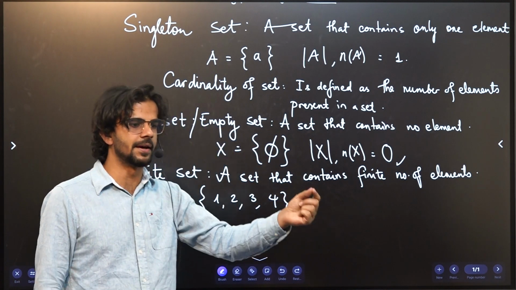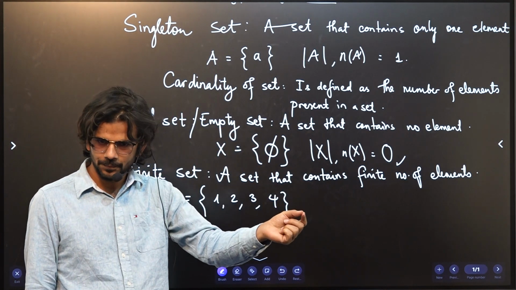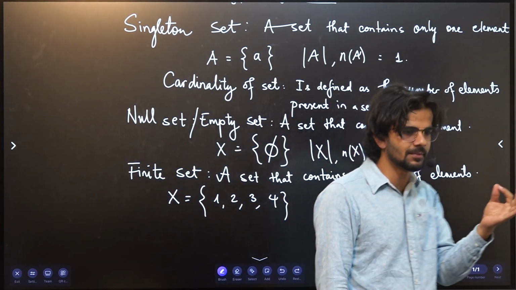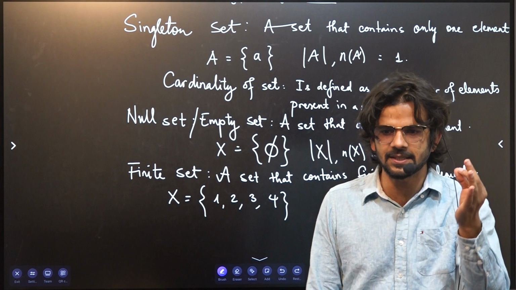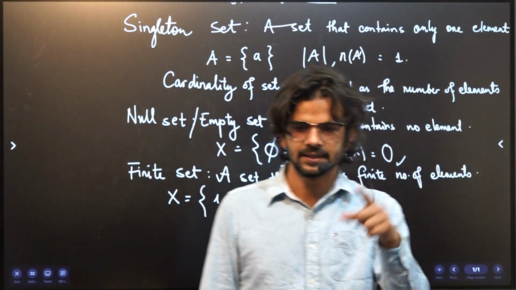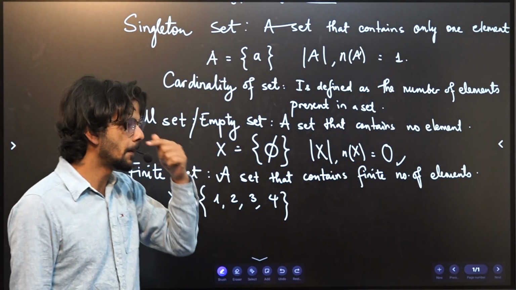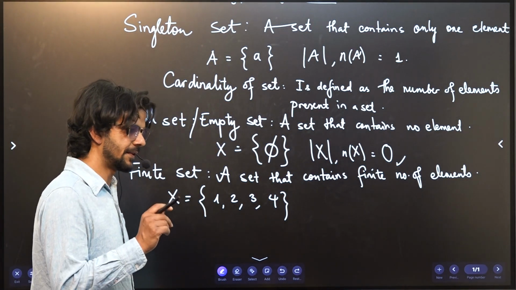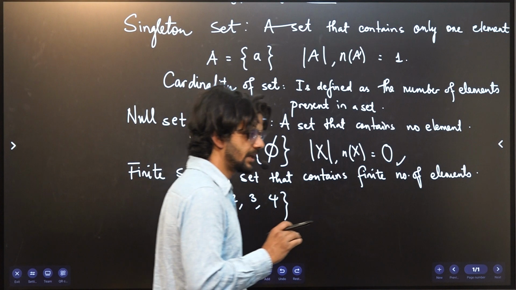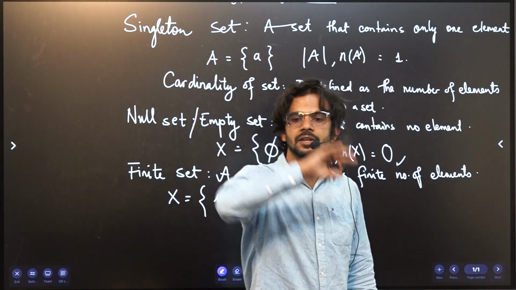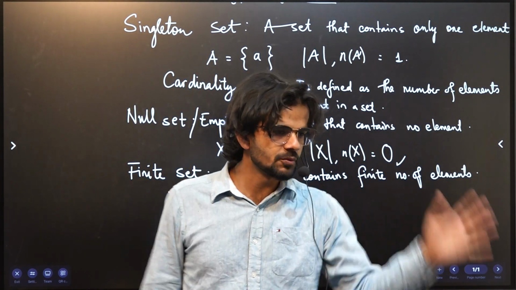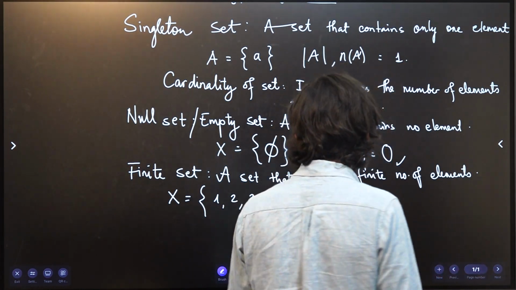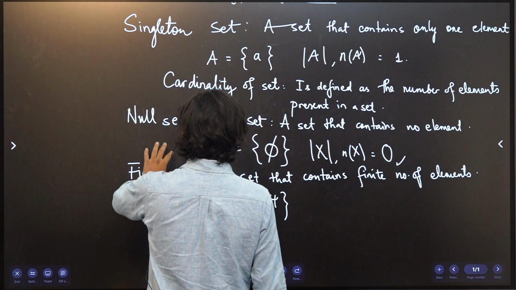Can you give me a number? 4. कुनै पनि सेट जसमा कतिवटा एलिमेन्ट छन् भन्दा तिमीले कुनै संख्या भन्न, specific नम्बर भन्न सक्छौ भने त्यस्तो सेटलाई फाइनाइट सेट भनेर भनिन्छ. कतिवटा छन्? If I ask you how many are there, you should be able to give a number. It could be a huge number, it could be a small number, but you should be able to give me a number. Then only it is called as finite set.